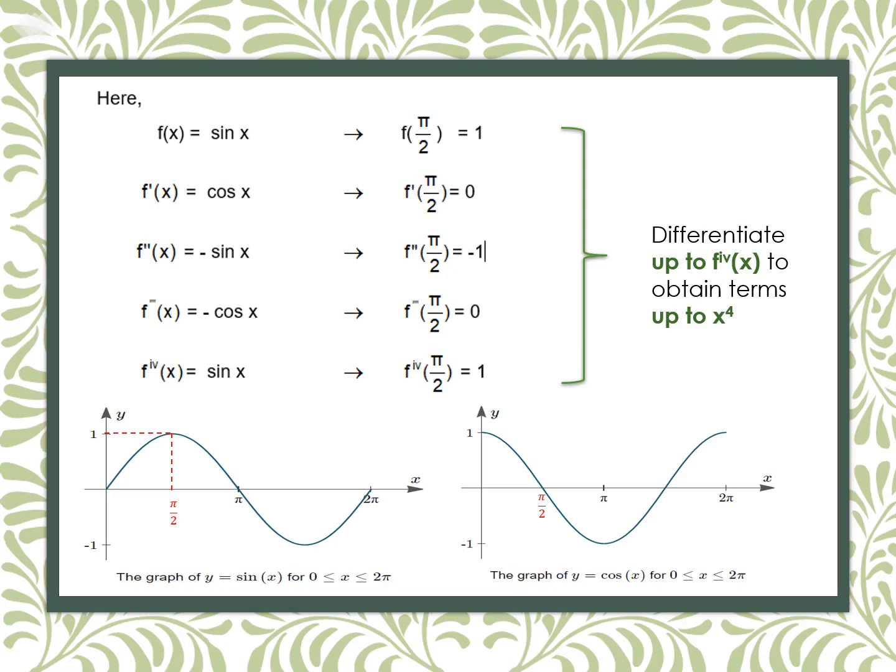The values can be obtained using calculator or using graph of sine x and cos x as given follow. Pi over 2 is equal to 90 degree. From the graph, sine pi over 2 is 1 and cos pi over 2 is 0.